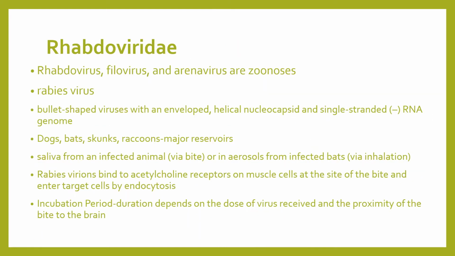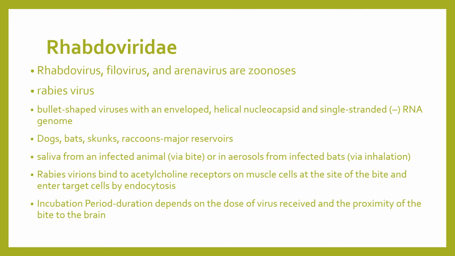Let's start with the most common, the rhabdovirus. Rhabdovirus, filovirus, and arenavirus are all zoonoses, or viruses that are transmitted from animals. The classic rhabdovirus is the rabies virus.